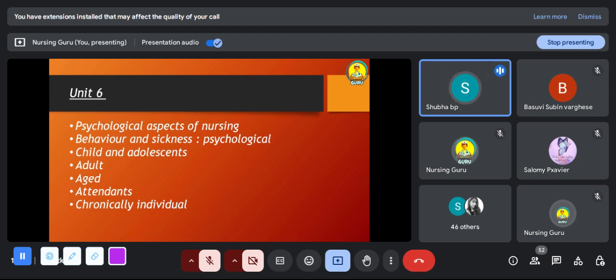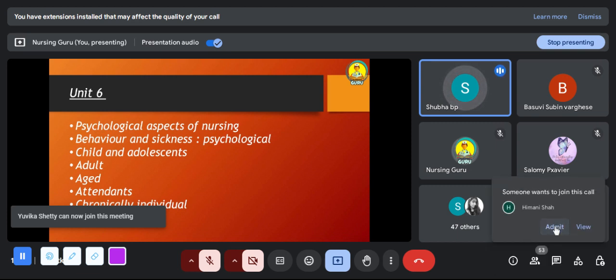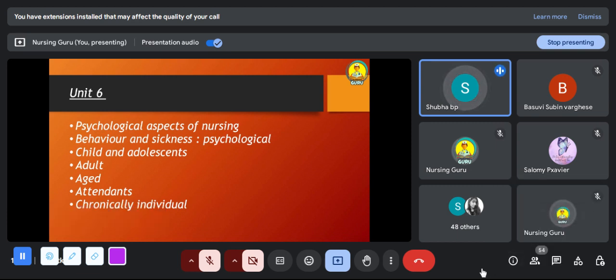So in psychological aspects of nursing you are going to study what is the psychological need of nursing, why the nurse needs to study psychology, what is the use of that, what is the use for the patient, how to handle the psychological patient.